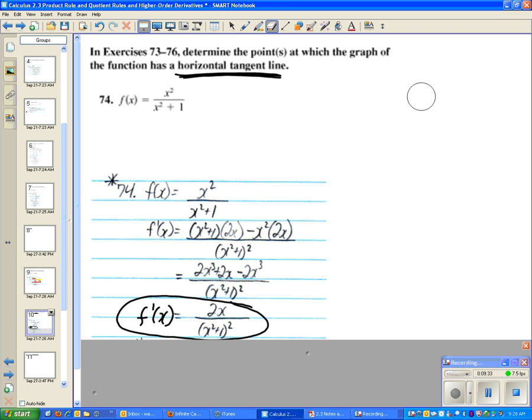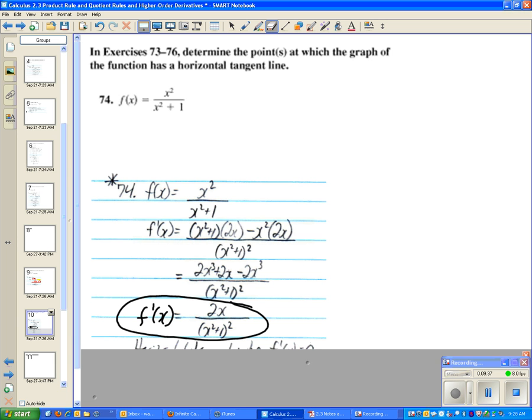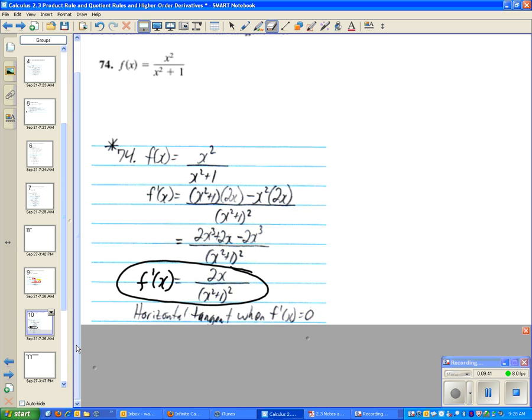Now, here's the thing. Let's be smart here. We know that we have a horizontal tangent line when f prime of x equals 0. Look at our f prime of x. It's a fraction. How does a fraction equal 0? The numerator equals 0.